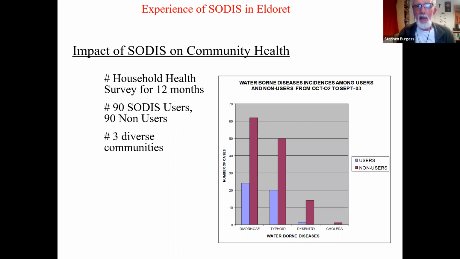And we asked them, what was the incidence of waterborne diseases over a period of 12 months? So this is a summary of that. You can see that the non-users are the dark red, the purple, and on the y-axis is the number of cases of diarrhea, or number of cases of what they thought was typhoid, or the number of cases of what they thought was dysentery or cholera.